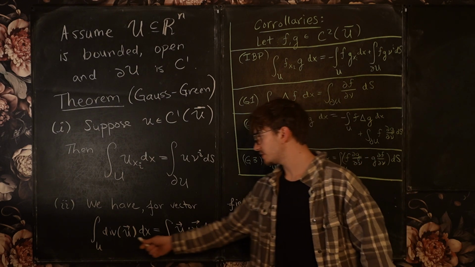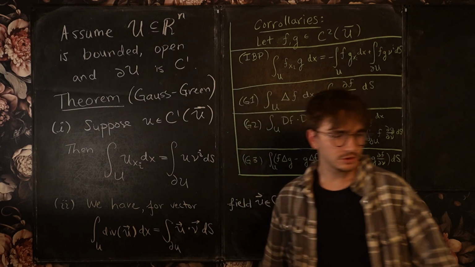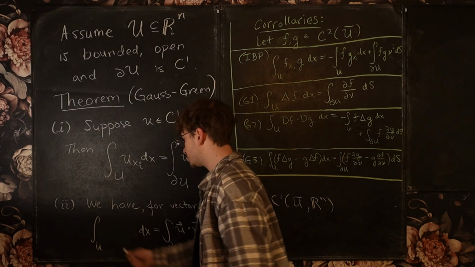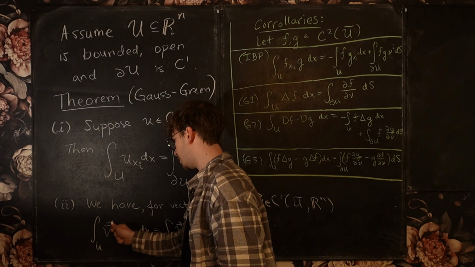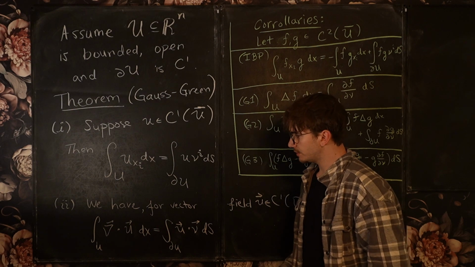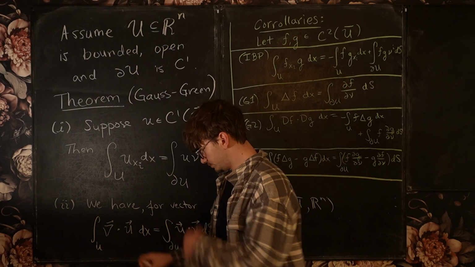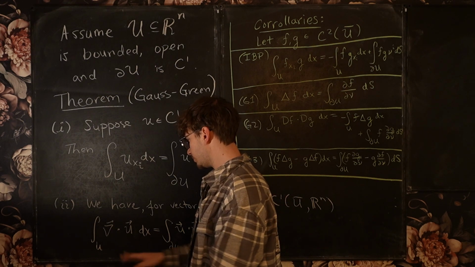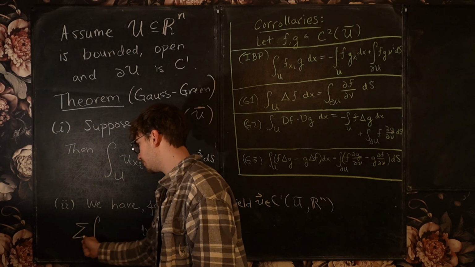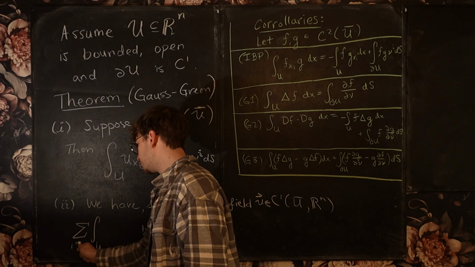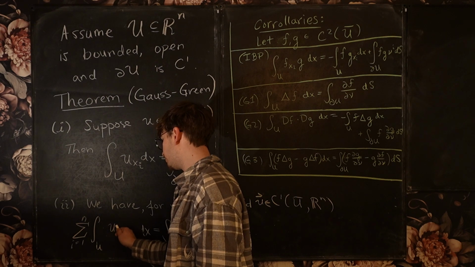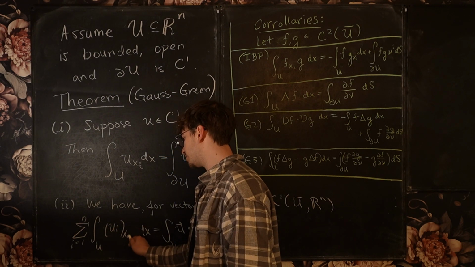Let's unpack the definition of the divergence. We know that the divergence of the vector field U is just our gradient vector dotted with U. So if I dot the gradient with the vector field U, by definition, this is going to be the summation, which I'm going to bring outside the integral, from i equals 1 to n, of the ith component of U, and then I take the xi-th partial derivative.